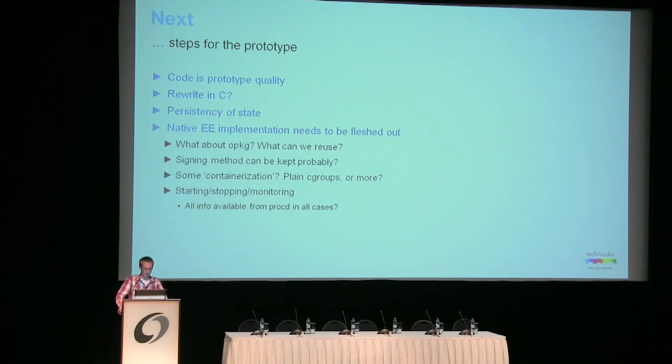We want to maybe do some containerization there. And also the whole start-stopping monitoring maybe also needs some improvements. We've seen little bits of information that ProgD is not providing us in all cases. Maybe that also needs some work and some extensions there. So the first prototype is there, feedback welcome, and then we can see how to continue.